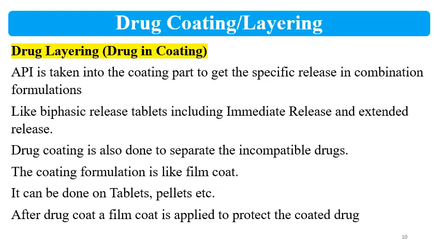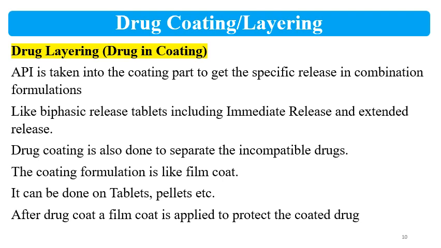Drug layering. Now, as we have seen, there are many types of coating, but in drug layering or drug coating, the API is kept into the coating solution or suspension, and that drug-containing solution, suspension or dispersion is applied onto the tablets or maybe onto the pellets.